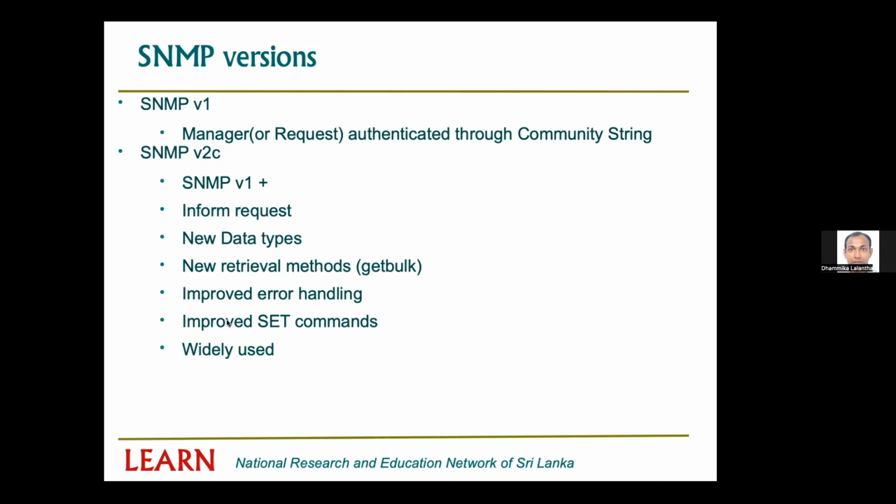No, in that it actually uses basic authentication based on community string. And in version 2, the practical version is version 2C, and it has all the benefits that version 1 has, plus it is implemented with the inform request.